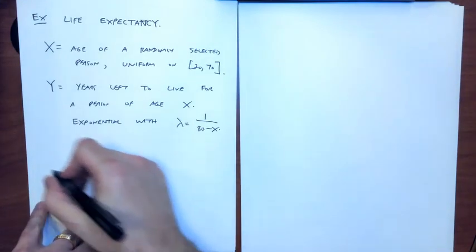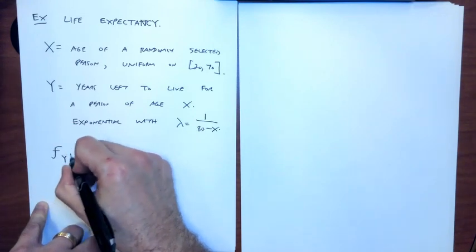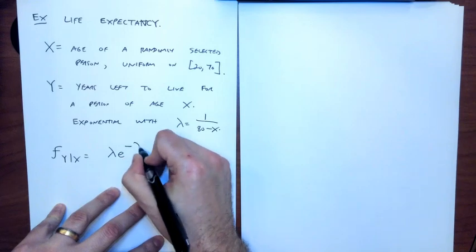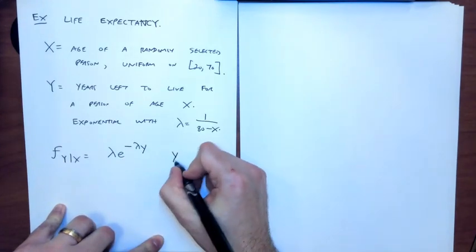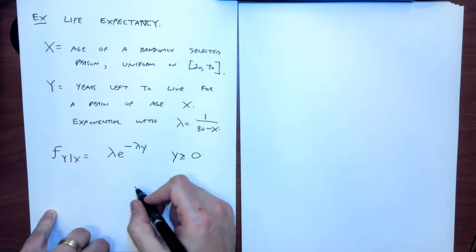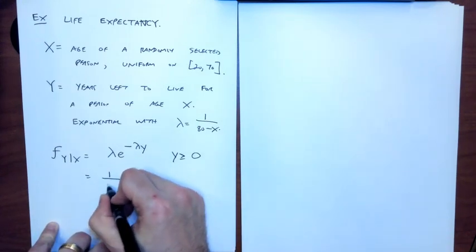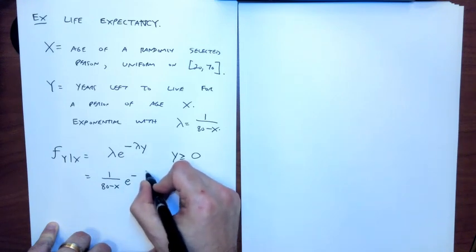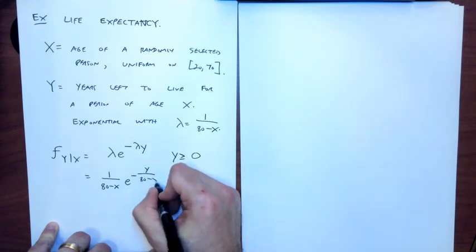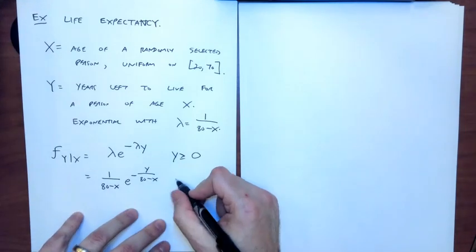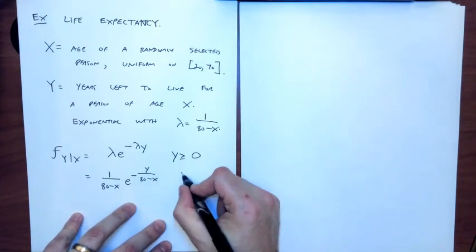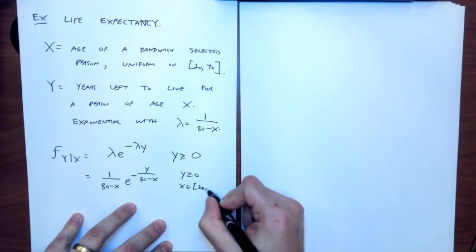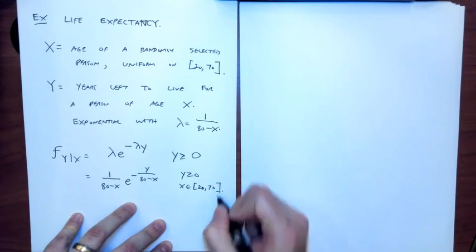So that means that the conditional PDF of y given x is some sort of exponential PDF, but my lambda is this function of x. So for positive values of y and for x in the range 20 to 80, or so 20 to 70, I'm sorry.